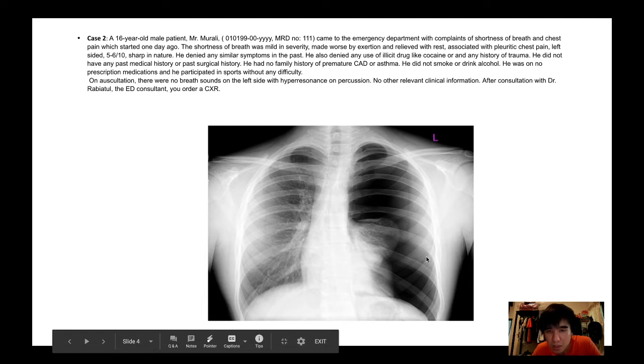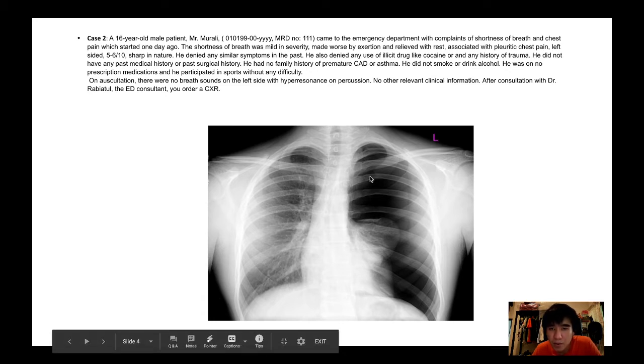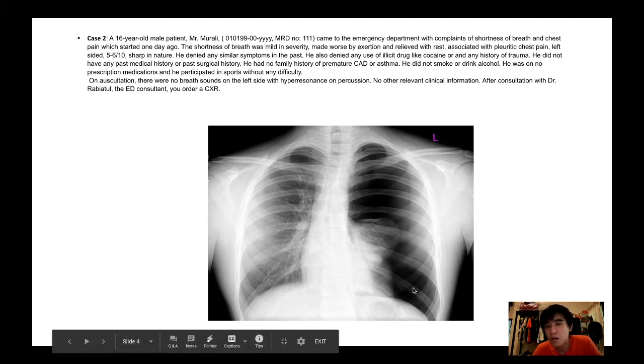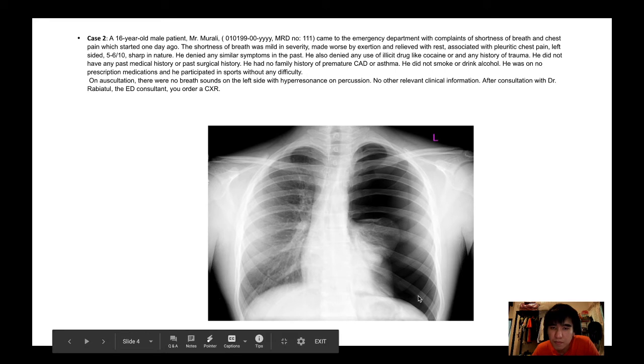So breathing, there is absence of lung parenchymal markings. Absence of lung markings on the left side. I think that's clear enough.